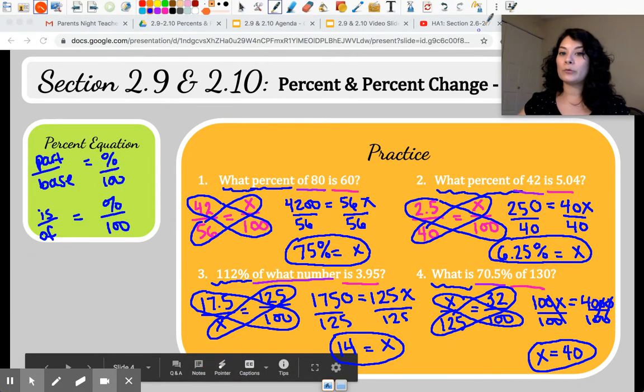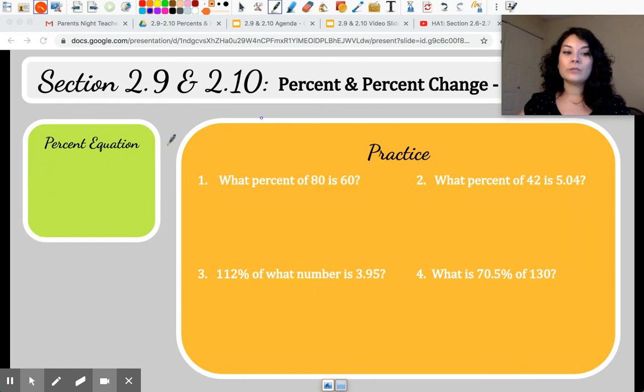Another way that we can solve percent problems is using the percent equation. So the percent equation is kind of similar to the proportion. You're going to have some sort of percent. You're going to multiply it with the of value, and it's going to be equal to the is value. Or in other words, it's the percent times your base, which is equal to your part.